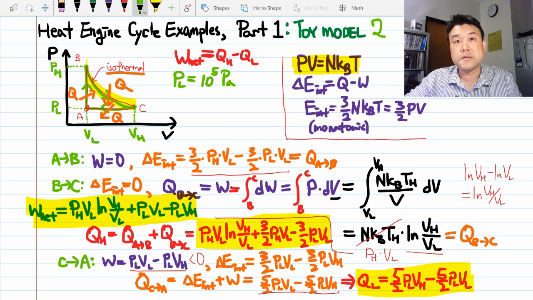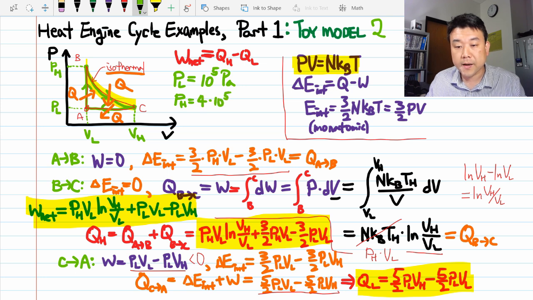So that means the highest temperature point in toy model 1 was 4 times the lowest temperature, since it's double the pressure, double the volume. So I'm going to make this high pressure point equal to 4 times 10 to the 5 pascal. So the low volume point should be similar, so 1 liter or 10 to the minus 3 cubic meter.